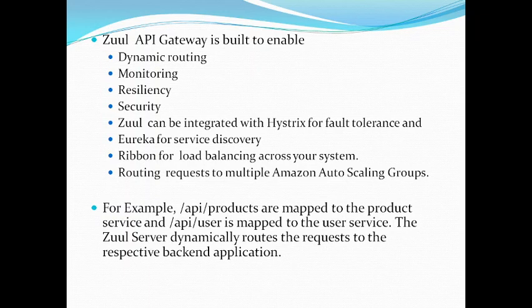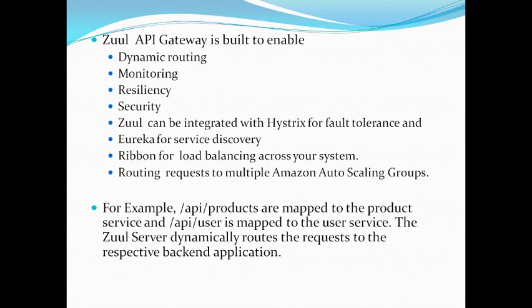So for a simple example, if you have an application where you have different endpoint URLs like API products for certain services in the product features, and you have certain other microservices to provide the user microservice.